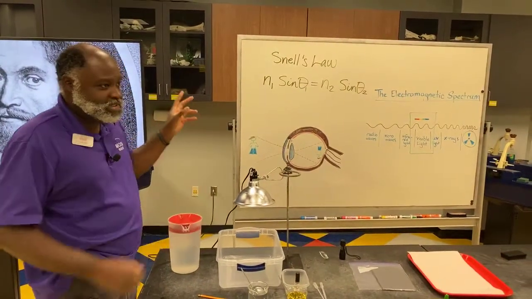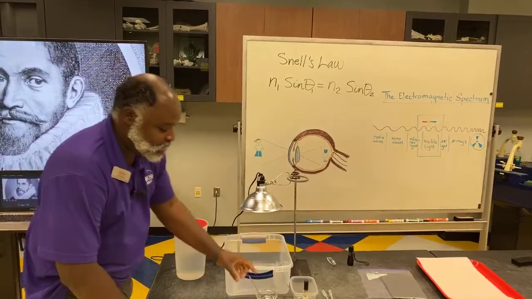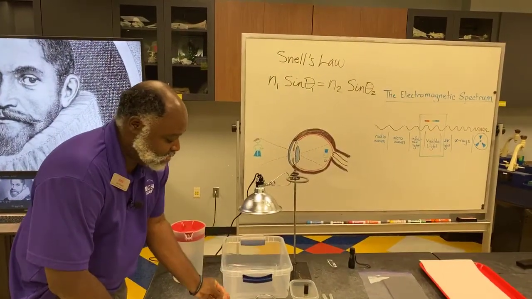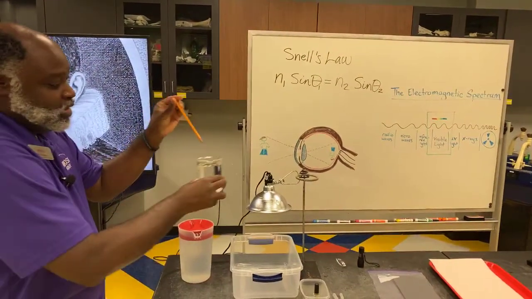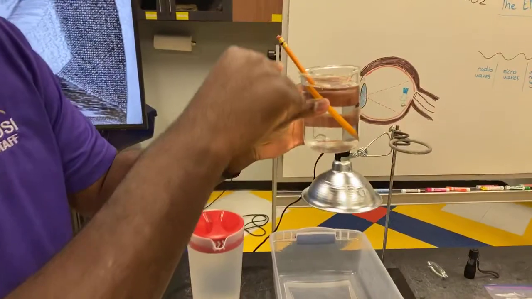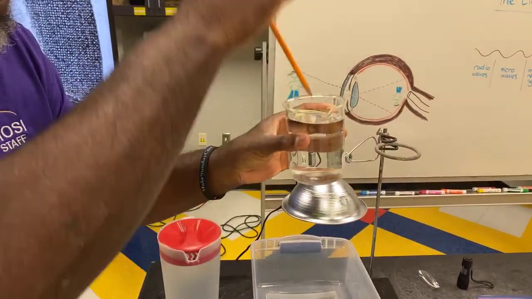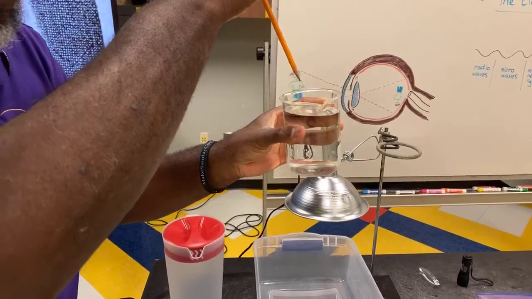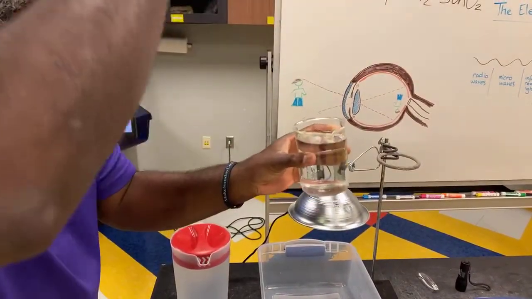Now, wait a minute. Mr. Ian, every time we see you, you always have these weird formulas. What's going on? Well, let me explain this so you can see what's happening. Let's go back to our pencil. We're going to put it back in the water. So you can see that the pencil is at an angle, right? Now, before the pencil went into the water, what was the pencil going through? Air, all right?